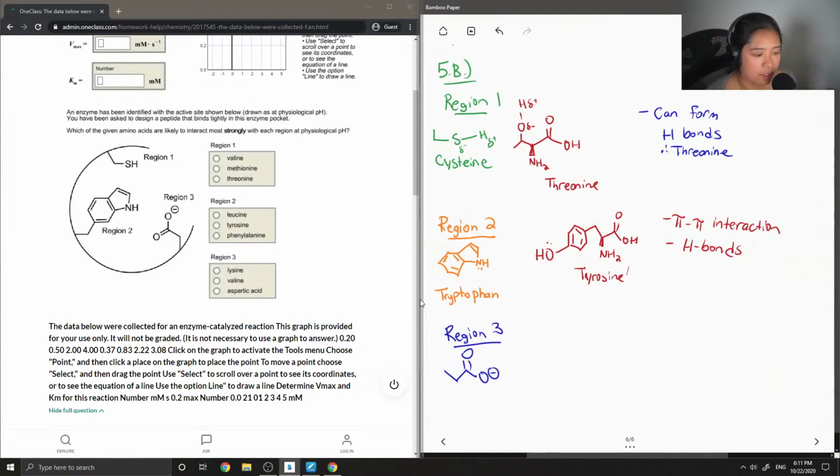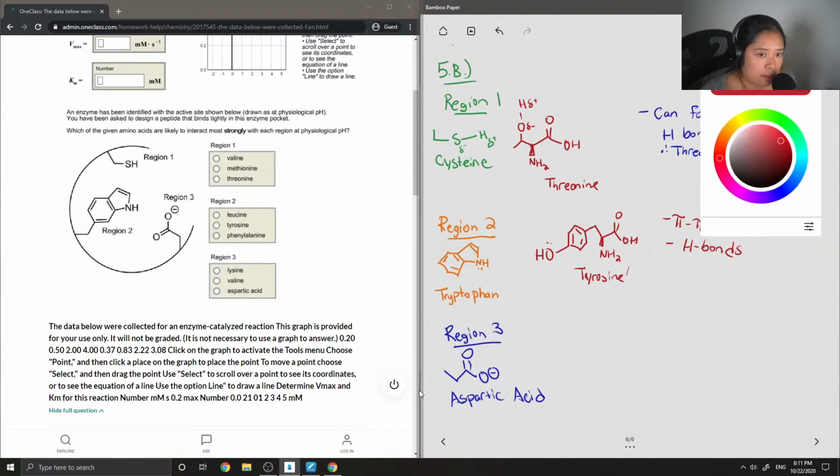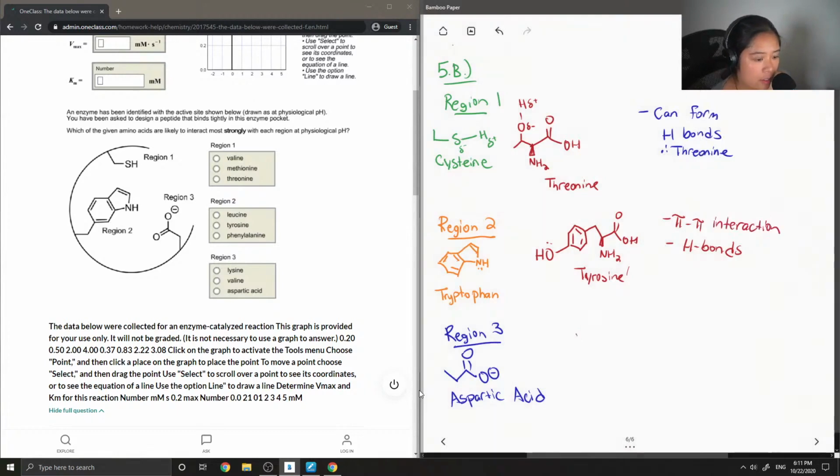So basically, which one of these amino acids has a positively charged nitrogen? So this is aspartic acid. And then out of the 3 options that they give us, lysine is the one that can have a positively charged nitrogen.